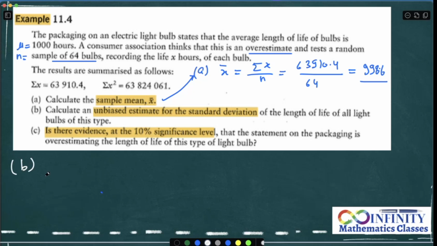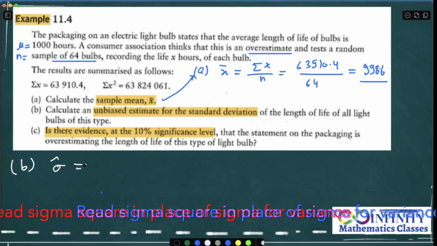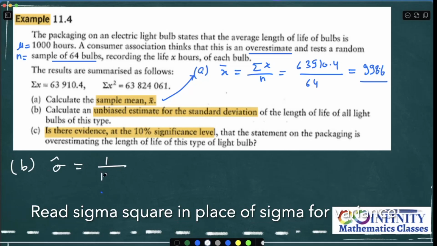Now look at the B part. Calculate an unbiased estimate for the standard deviation of the length. Unbiased estimate means they're asking about sigma hat, which is 1 over n minus 1, where n is 64, times summation x square, the value of which is given to you, minus (summation x) whole square divided by n. I'm going to plug in the values.